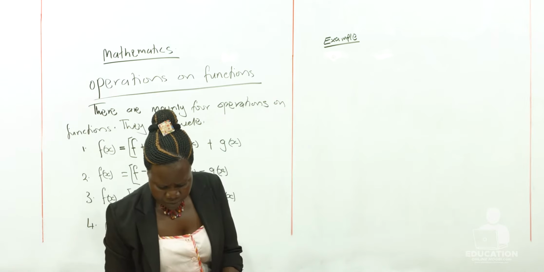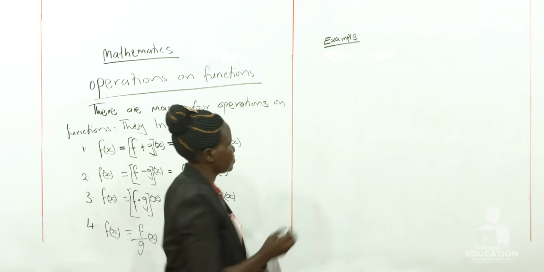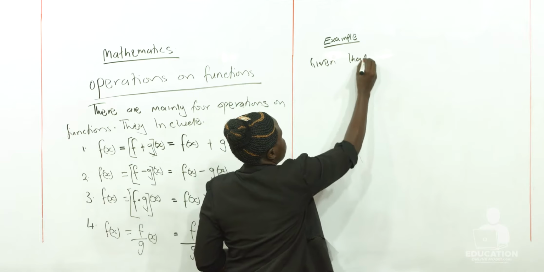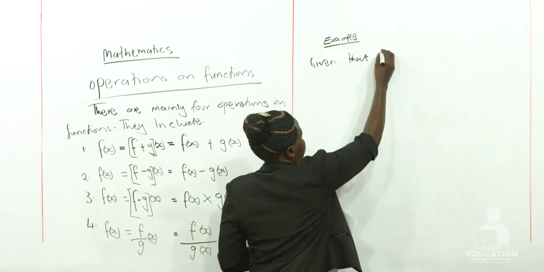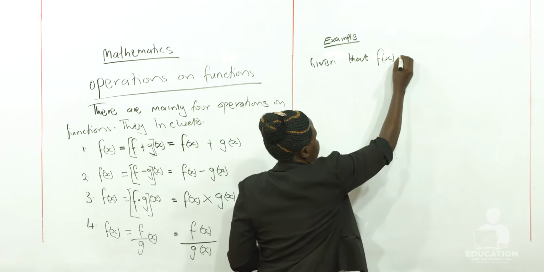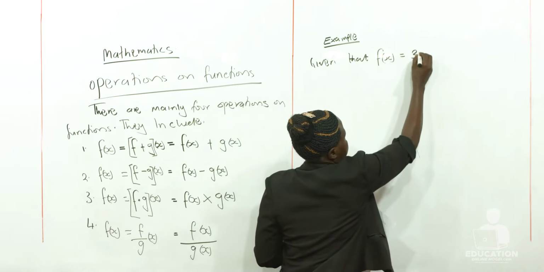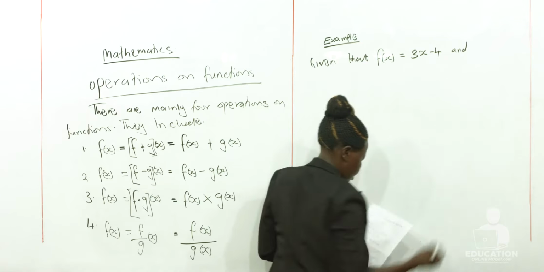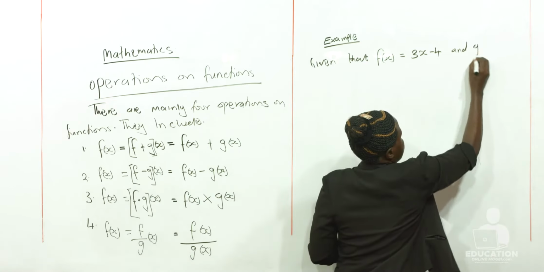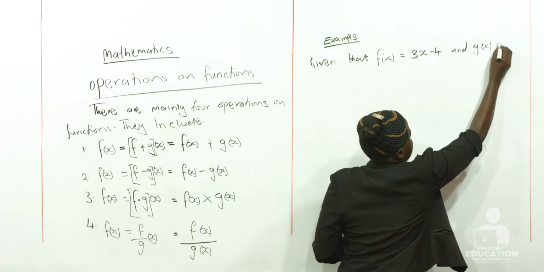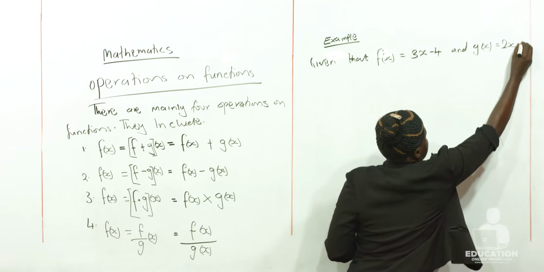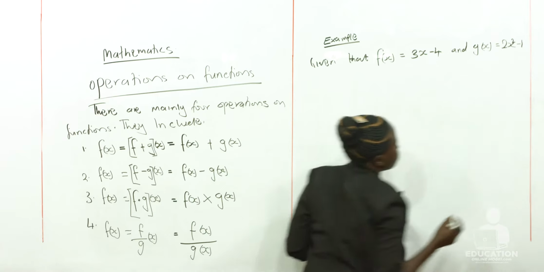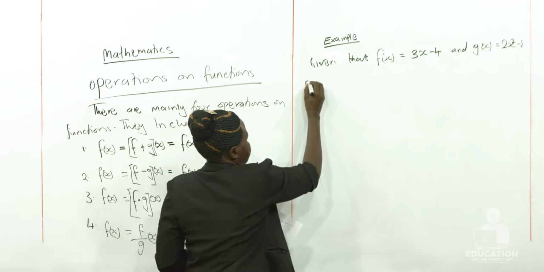The question says, given that f of x equals 3x minus 4 and g of x equals 2x squared minus 1.